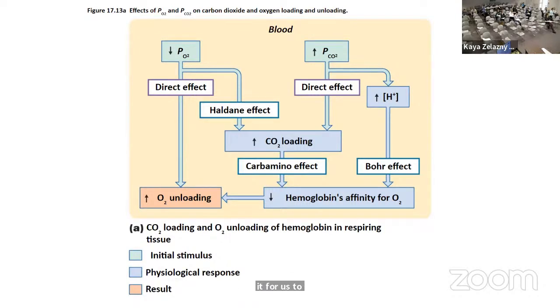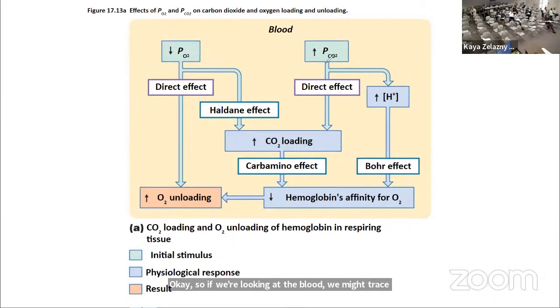And we're also looking at how much carbon dioxide we are carrying. Are we getting enough of it to the lungs so we can breathe it out? So if we're looking at the blood, we might trace either our carbon dioxide or our oxygen or both together. This is showing us everything that affects oxygen unloading.